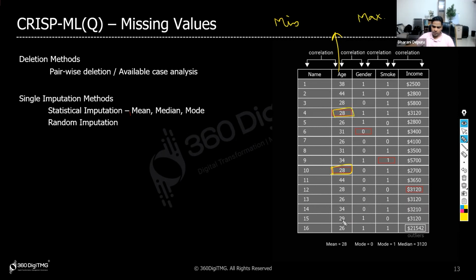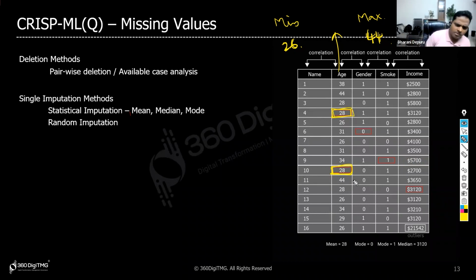Say the minimum value happens to be 26 and the maximum value happens to be 44. You randomly choose some number within this range, and then you replace the missing value with that random value.